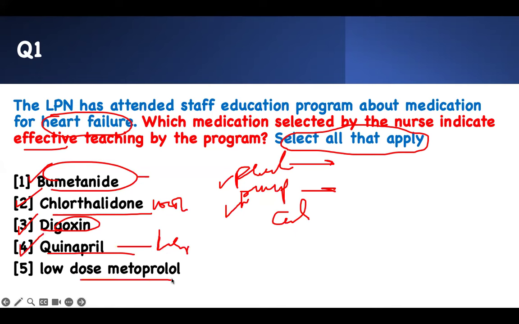Low dose metoprolol, I know you don't want to block the heart, but low dose metoprolol will slow the heart down and allow it to contract and do its job. When you slow it down, it doesn't contract very fast. Slowing down provides blood flow and helps with the output better. So these are all medications you should know can be used in heart failure. Question 1, done.